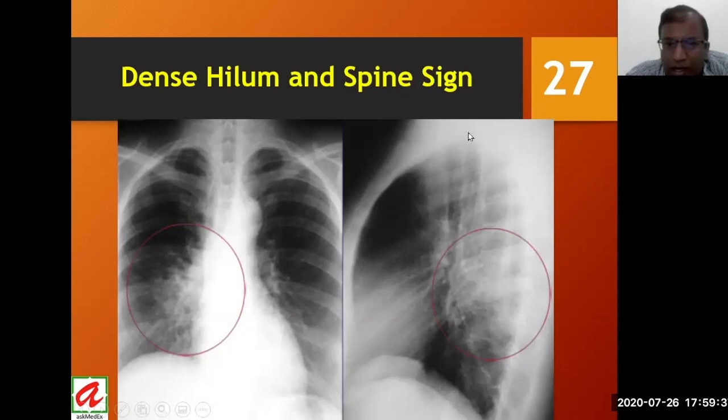When a lateral view of the chest was done, we could see that the opacity is lying posteriorly on the spine, and so it was a consolidation of the superior segment of the right lower lobe. Here we can see a dense hilum sign on the PA view and a positive spine sign on the lateral view, which confirmed that this is not a mass but just a consolidation.